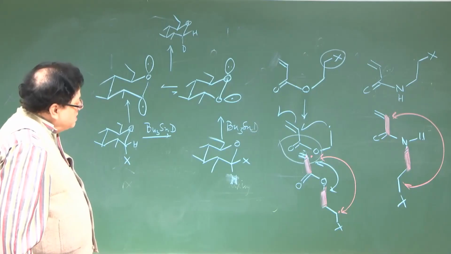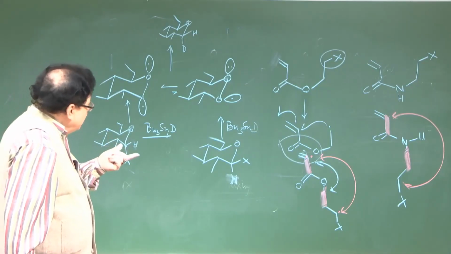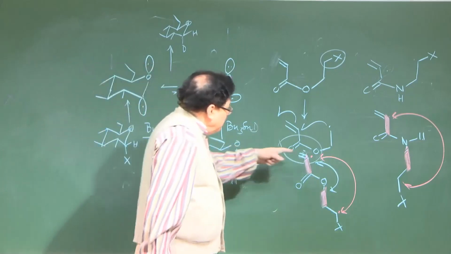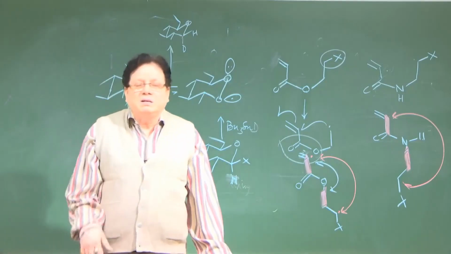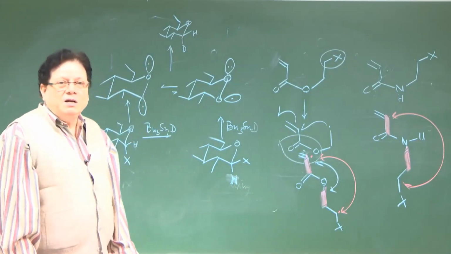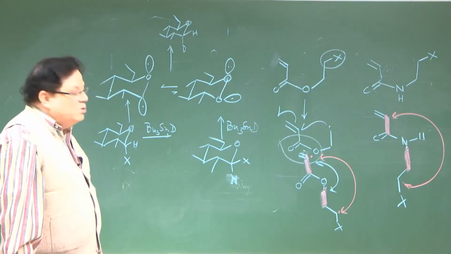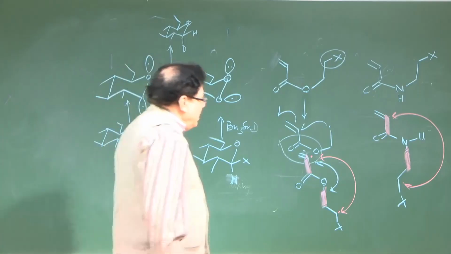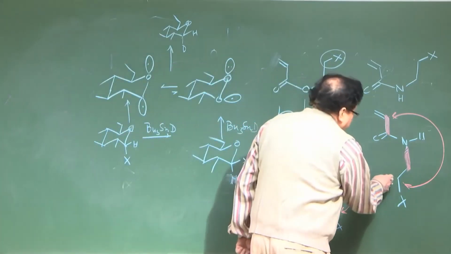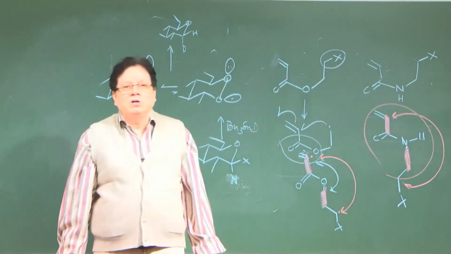In the case of ester, still it is possible, because there is still some percentage of this type of conformation present, and as you raise the temperature, that cyclization can take place. But for amides, people have tried to do this reaction many times and it did not work because of the preferred transoid conformation of the amide.